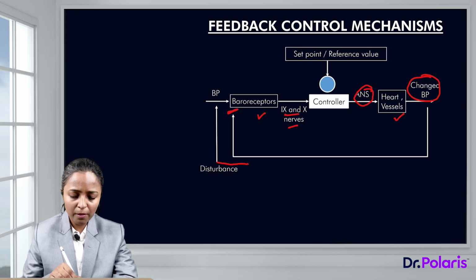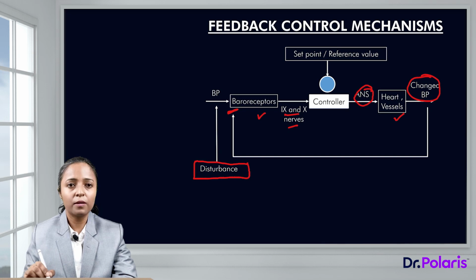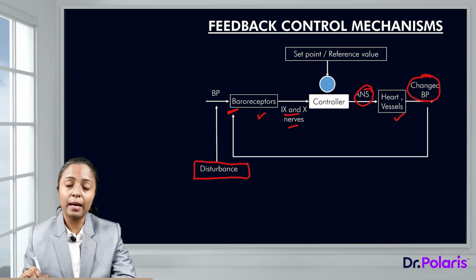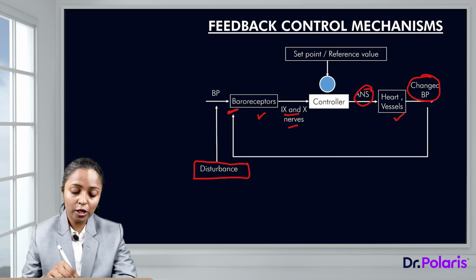Plus, you see that there may be some external disturbance. That means things are happening internally, but suppose you change your body position, what will happen? BP will change, because some external factors will come into play, like gravity, and muscle contraction is happening, that will come into play, right? So that will also cause a change in BP.